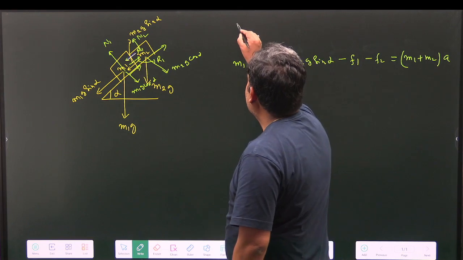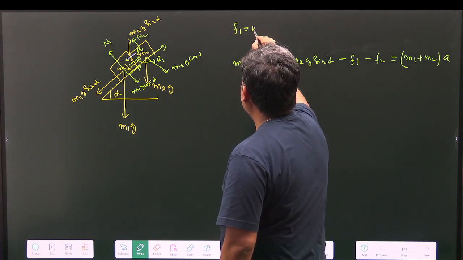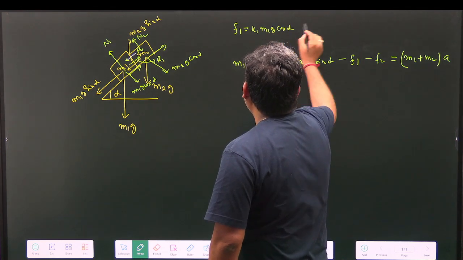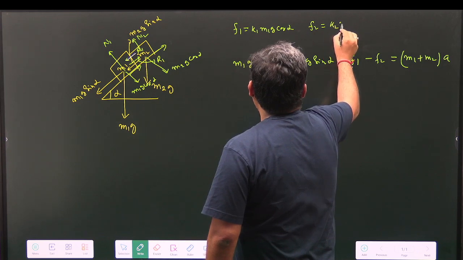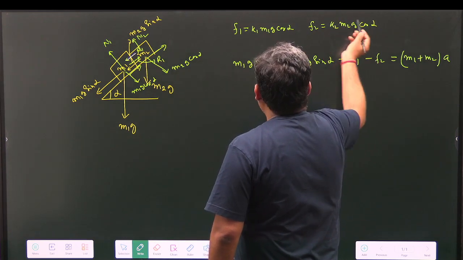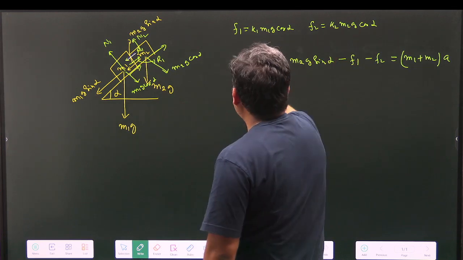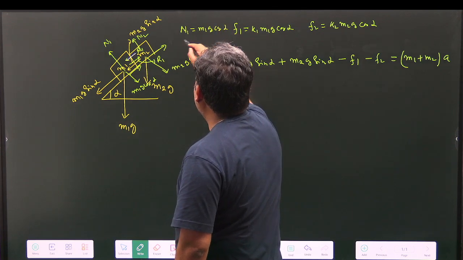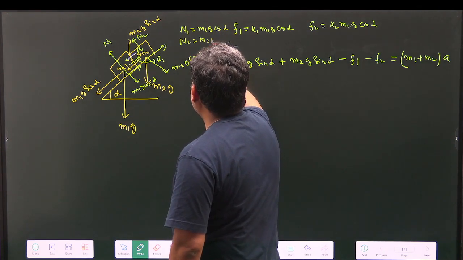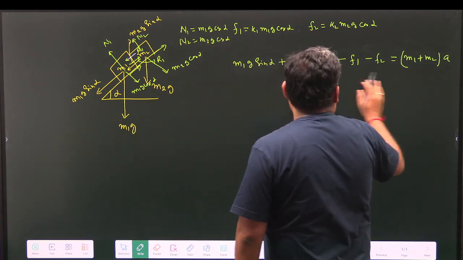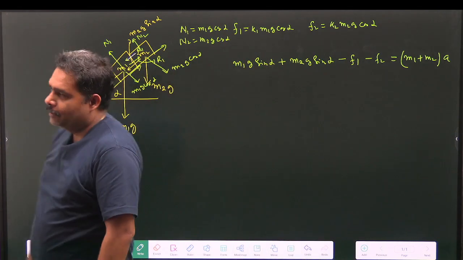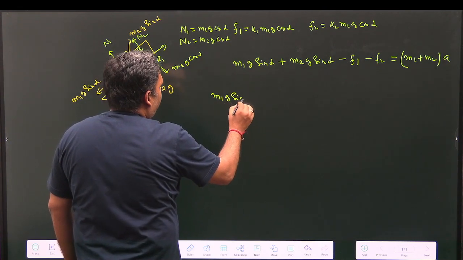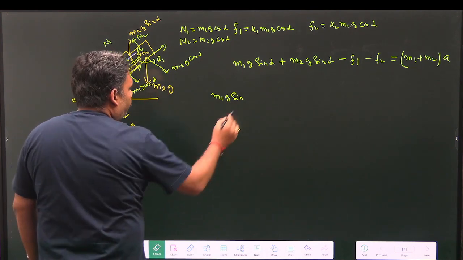So what is my F1? I can calculate F1, that value is equal to k1 into m1g cos alpha, and F2 is equal to k2 into m2g cos alpha. And what are m1g cos alpha and m2g cos alpha? N1 is equal to m1g cos alpha, N2 is equal to m2g cos alpha. These things are very simple. So my equation of motion is m1g sine alpha plus m2g sine alpha, and you can take it common also.